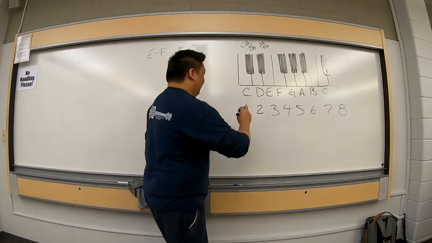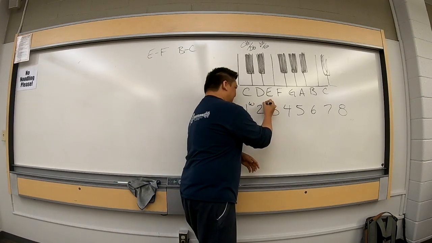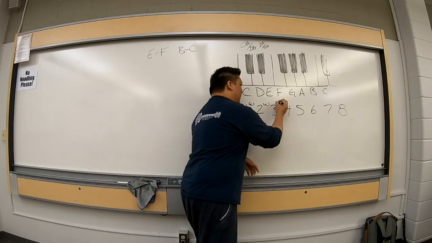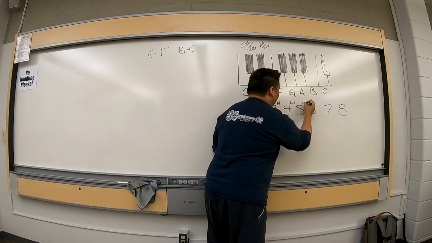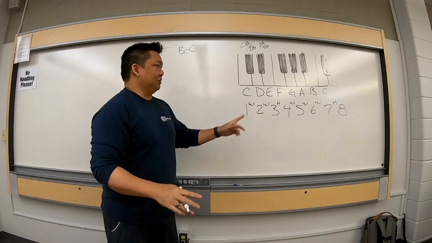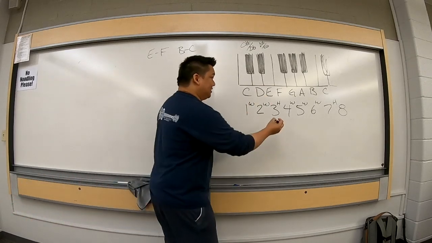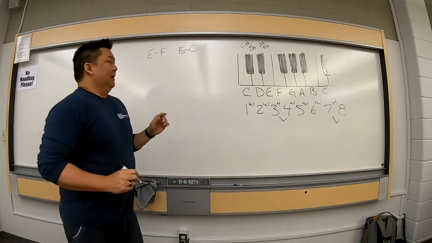What that's saying is that the step between 1 and 2 is a whole step. Same thing from 2 to 3. 3 to 4 is going to be half. And then we have a whole, whole, whole, half. To emphasize that, because there's only 2 that are different, I'm going to put a little caret from 3 to 4 and 7 to 8.